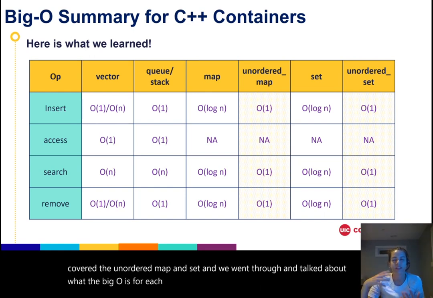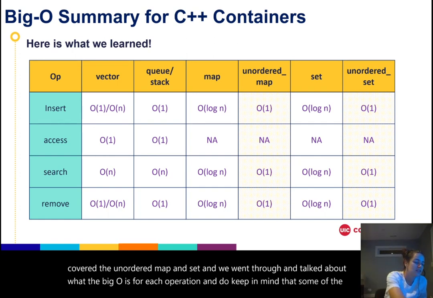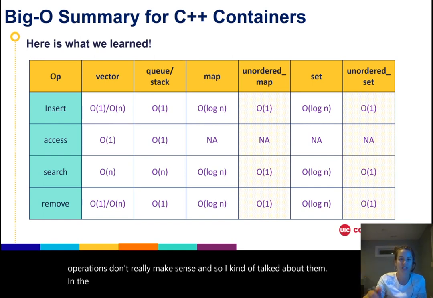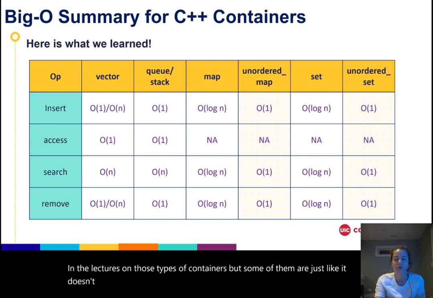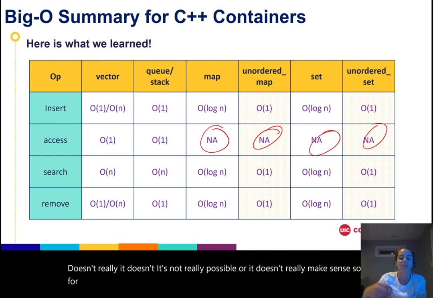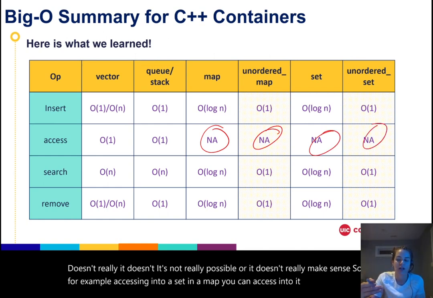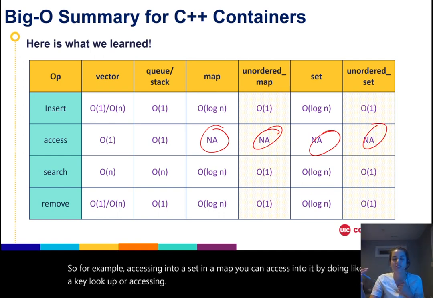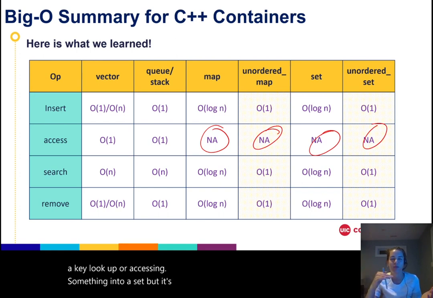And do keep in mind that some of the operations don't really make sense. I talked about them in the lectures on those types of containers, but some of them just aren't really possible, or it doesn't really make sense. For example, accessing into a set and a map, you can do a key lookup, but it's not really access in the same way that it is for a vector.